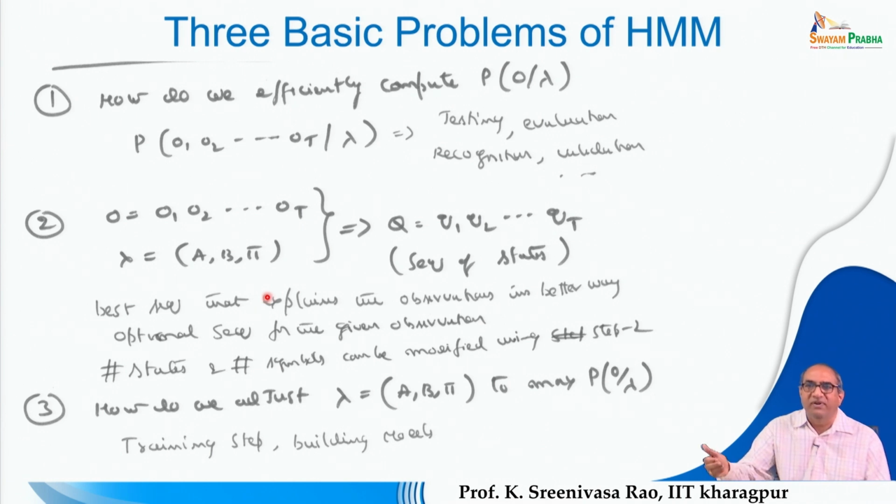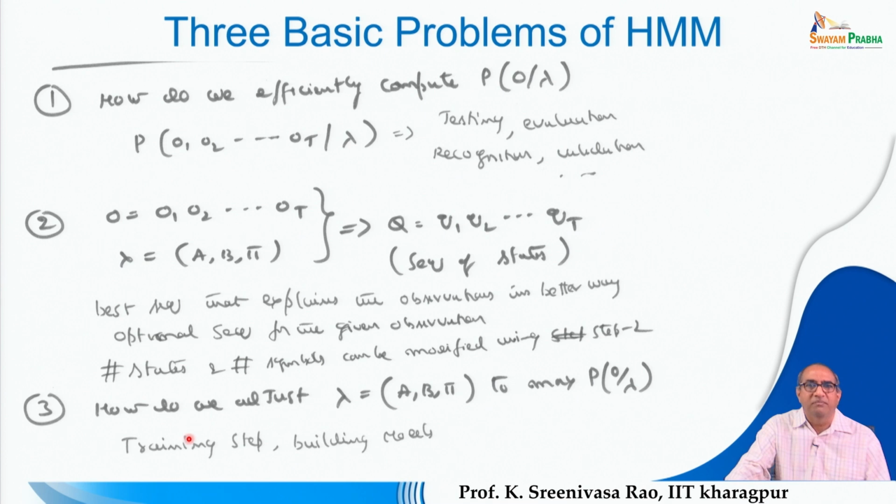At that time we feel the number of states we considered is more, so we reduce the number of states. So, using problem 2 we can optimize the number of states and number of symbols by analyzing the states and observation symbols against the model. The refinement of models can be done in this step 2.